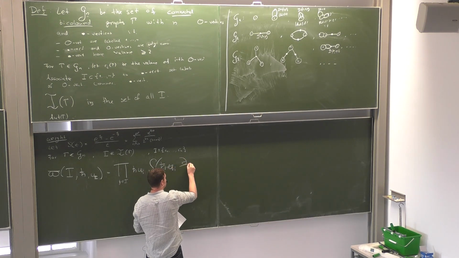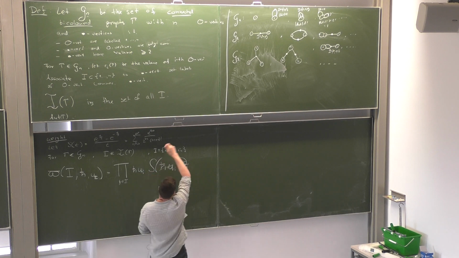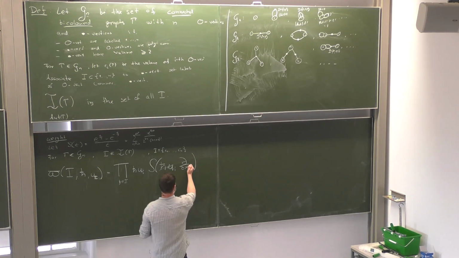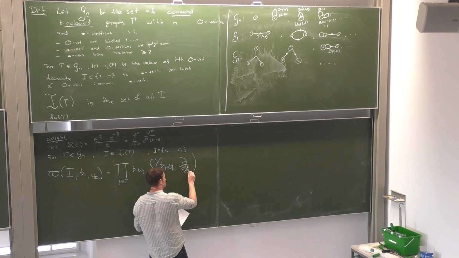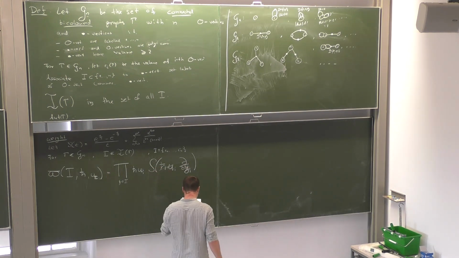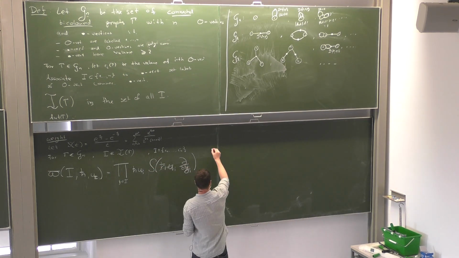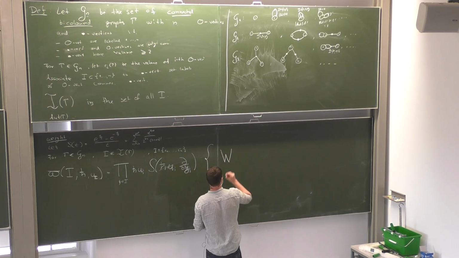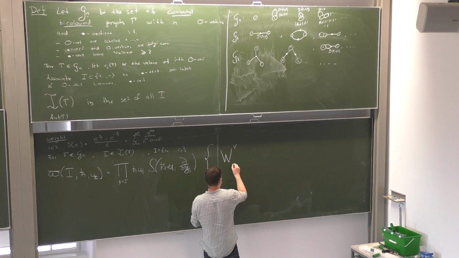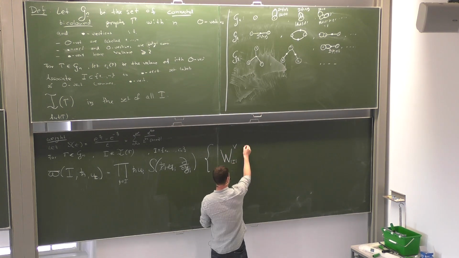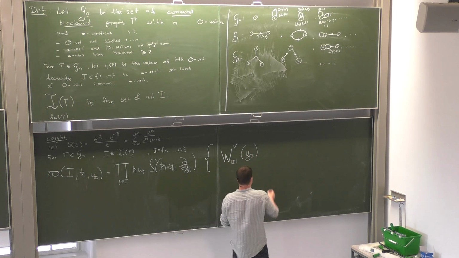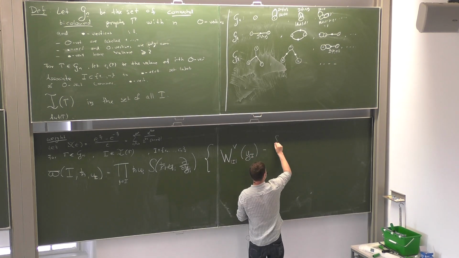The partial derivative, since it's a formal power series, in y_ij. Oh, sorry, I want to do it for the y's, y_ij, on the omega check I of the set y_I. And then we need some small correction.